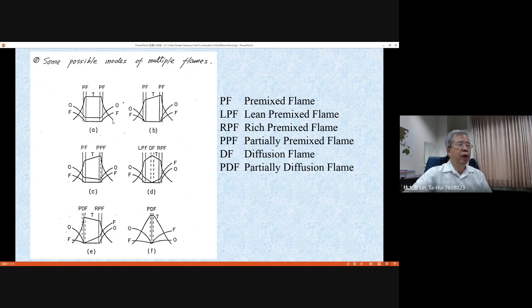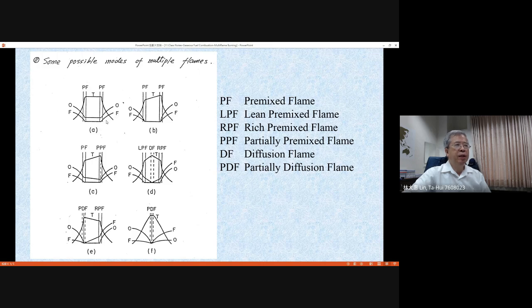On the right-hand side and the left-hand side, oxygen concentration is higher than the fuel concentration, which means you will have a so-called lean premix flame on the right-hand side, because oxygen has a higher concentration than fuel, and here they are premixed together.